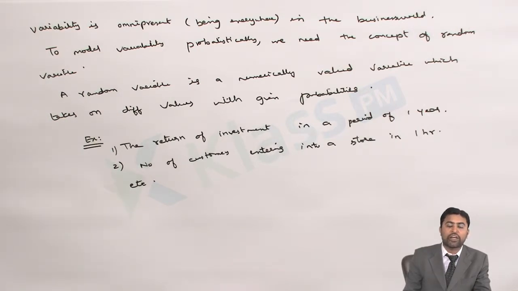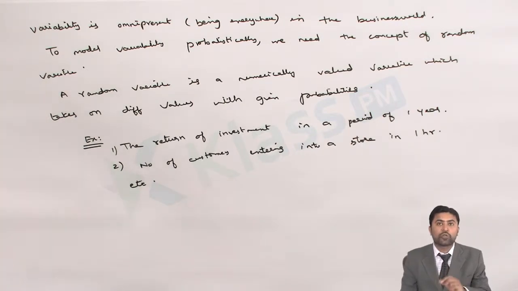In every case there is variability. So to model such situations probabilistically, we need random variables, where a random variable is a numerically valued variable which takes different values with given probabilities.